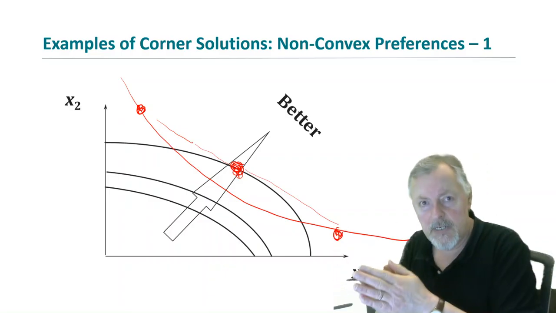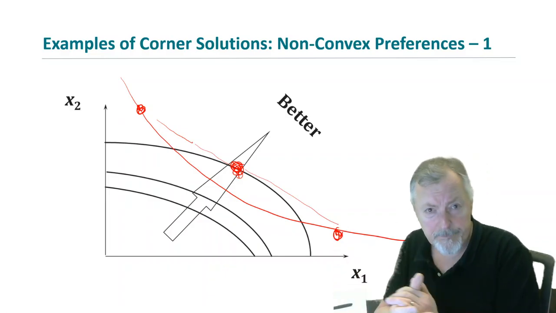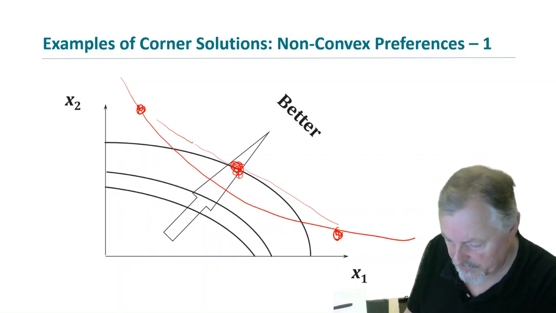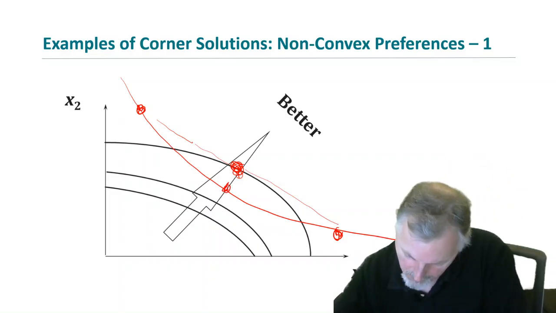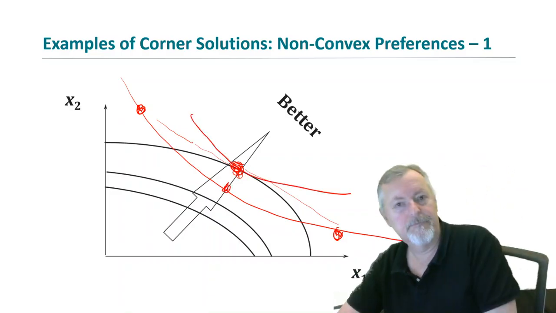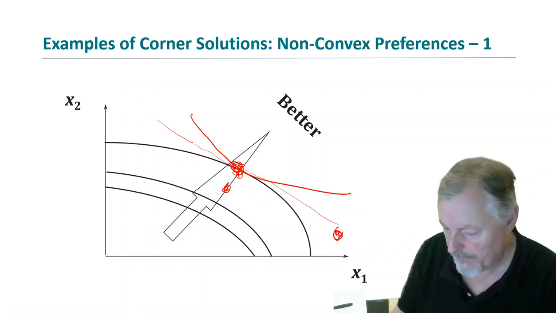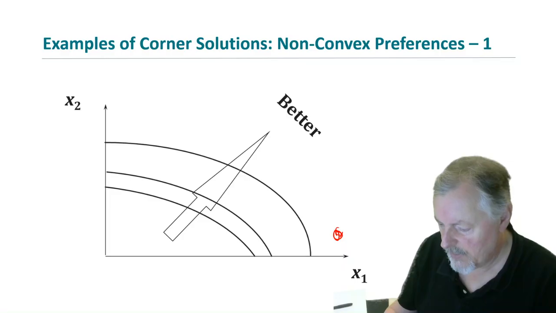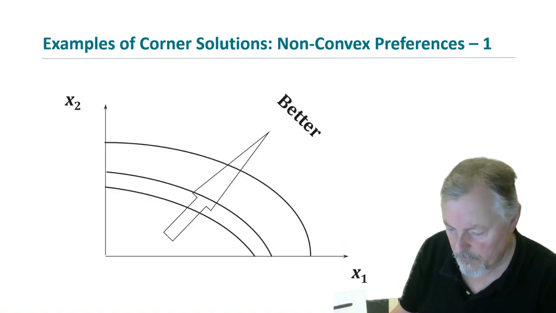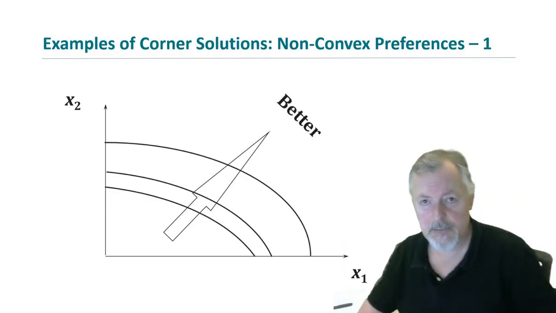An intermediate amount, a more even mixture, would make the person happier, because instead of being on this indifference curve, they'd be up on that one. But that's for convex preferences. Here, the preferences are not convex.